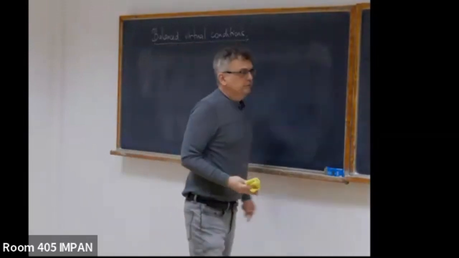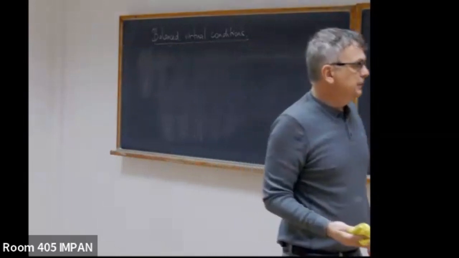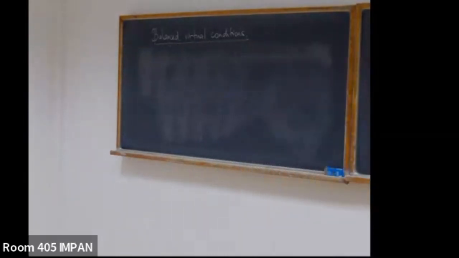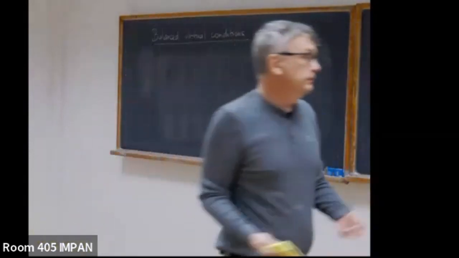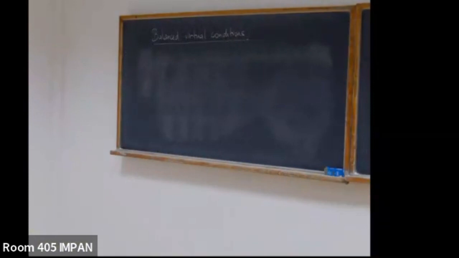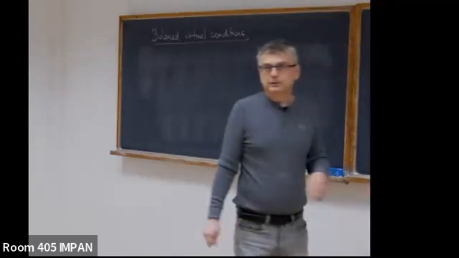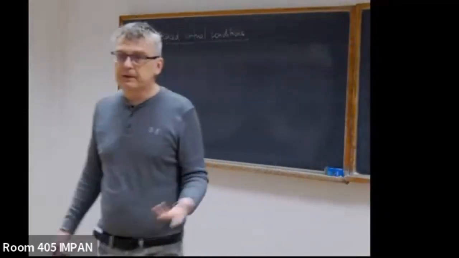So by the way, for virtual conditions, you can define an ordering between them that makes sense, just the same way. And I will sometimes just compare virtual conditions and specific conditions.